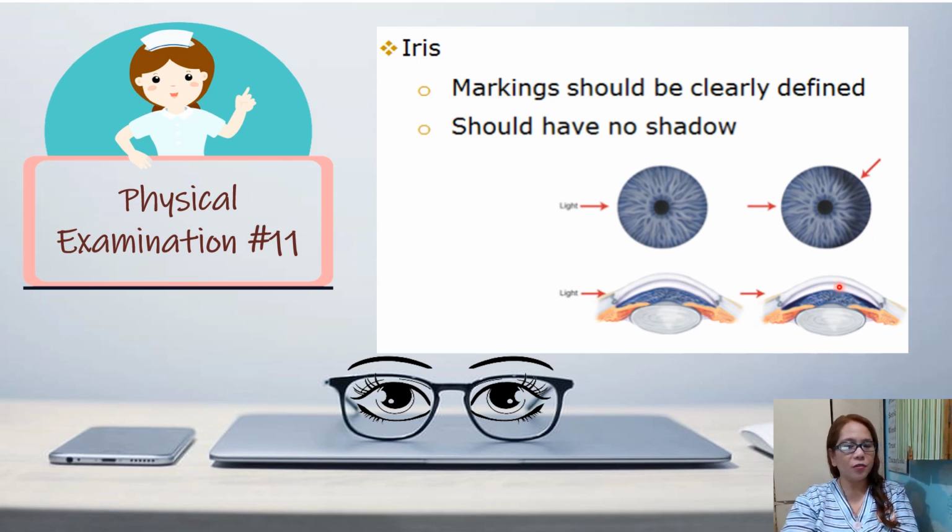Nagkaroon ng pressure, kaya mayroon tayong acute narrow angle glaucoma. So, may shadow. So, dapat walang shadow yung iris. The normal color of the iris is, of course, brown for the Filipino or for the Asians, diba? For Americans, some of the Americans are also brown yung kanilang iris.